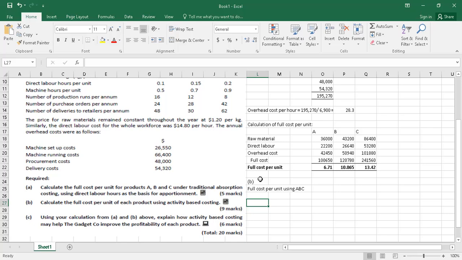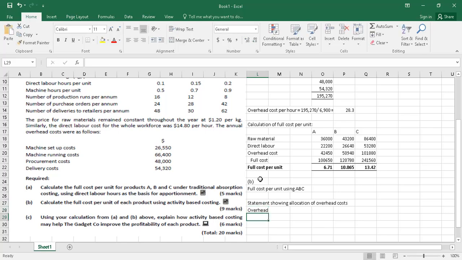So a statement showing allocation of overhead cost. There are three products. For each of them, first the items of overhead.